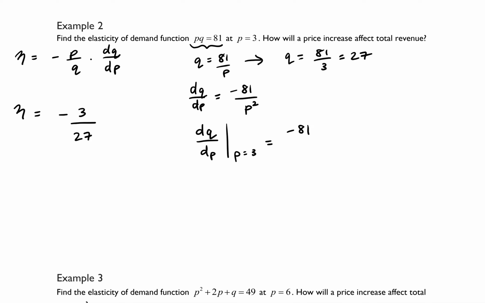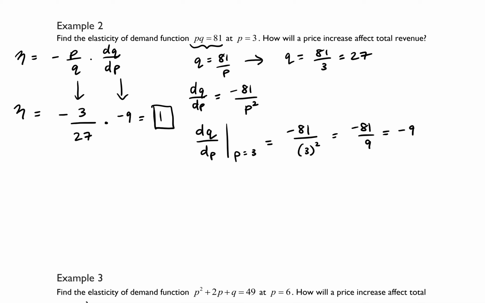So that's going to be equal to negative 81 over P squared, which is 9. So that becomes negative 81 over 9, which becomes negative 9. So dq/dp evaluated for when p equals 3 is negative 9. And then if we simplify that, that ends up being 1.